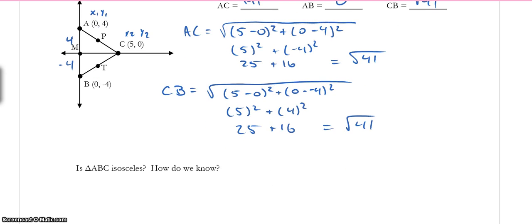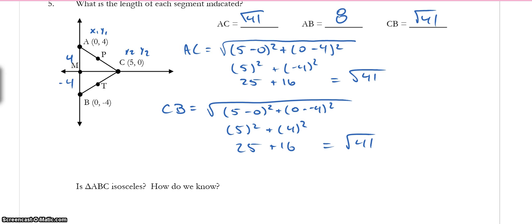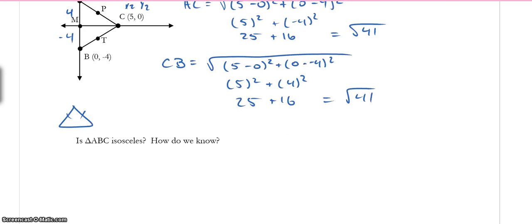Then lastly it says, is ABC isosceles, and how do we know? Well, if we remember, isosceles means that we have two congruent sides, and in this case we proved that we have two sides congruent. So the solution would be explanation with support. Is it isosceles?